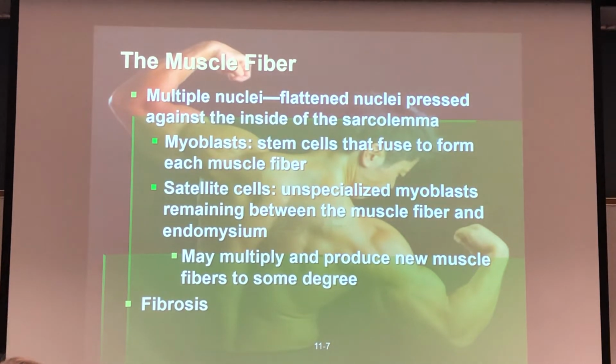It's the same thing here. Instead of calling them osteogenic cells, we call the stem cells myoblasts. And since it takes several myoblasts to form one skeletal muscle cell, we now know the reason why a skeletal muscle cell has more than one nucleus.